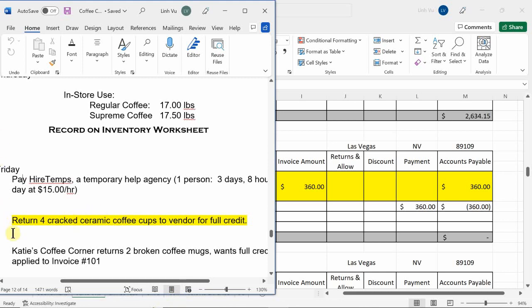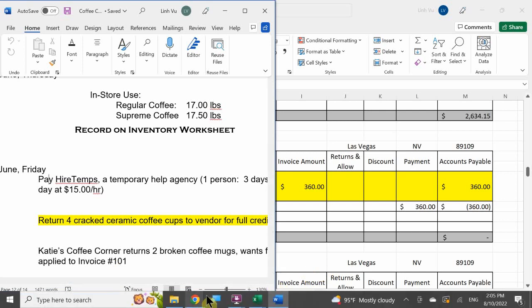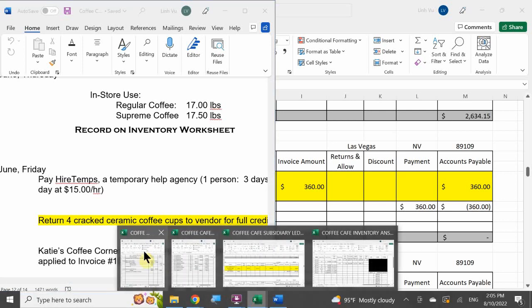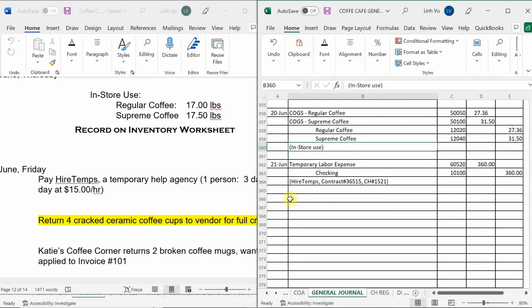So how should I record this? Now, aren't we periodic weighted average on the ceramic mugs? That is correct. We are using the periodic tracking method. Okay.